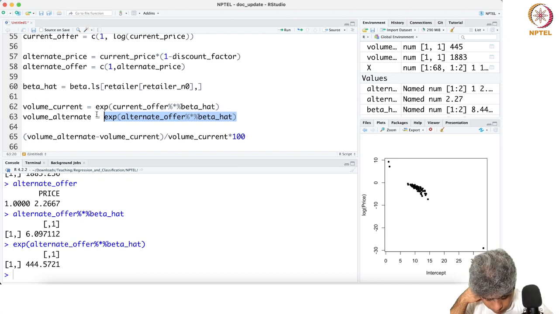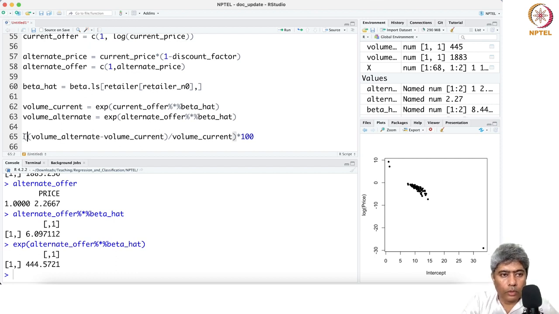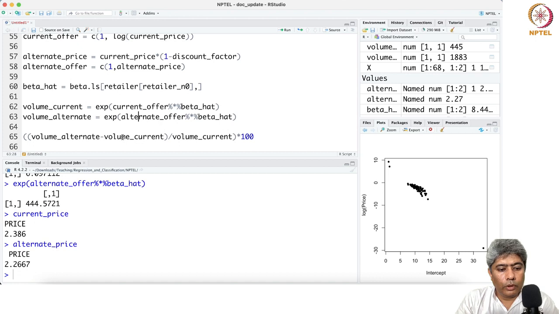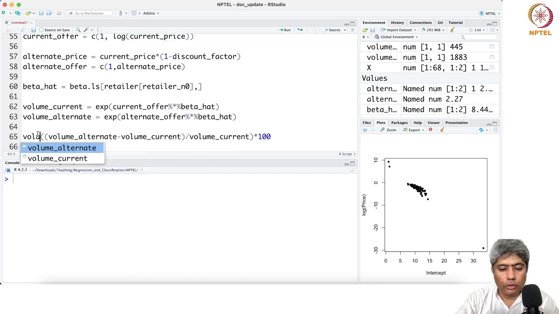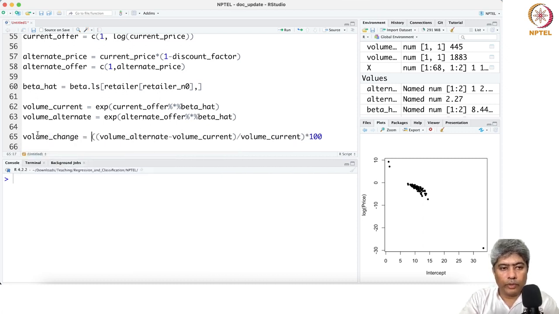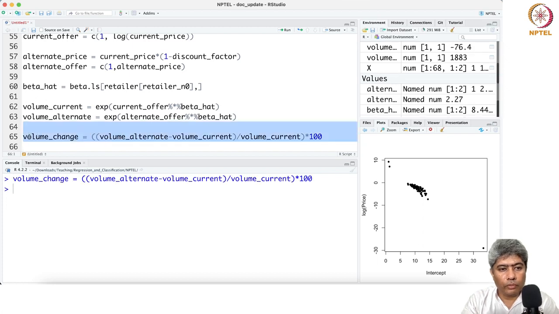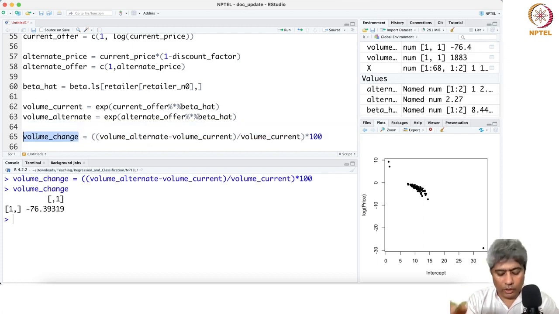Net minus volume current. So let me just take this volume change. Maybe there will be a serious drop in the volume. I think that we can take it at face value.